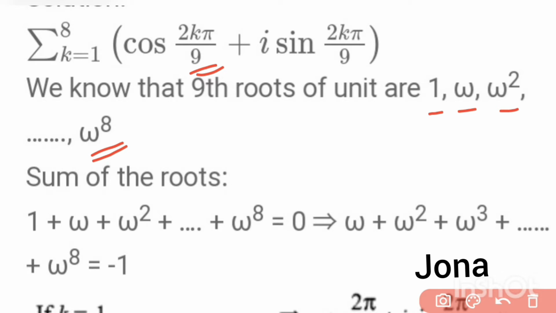So we have to sum all the roots of the equation, so that we can take 1 plus omega plus omega square plus ... plus omega power 8 equal to 0. Take this 1 to the other side, it will become minus 1. So omega plus omega square plus omega cube plus etc. plus omega power 8 equal to minus 1 here.